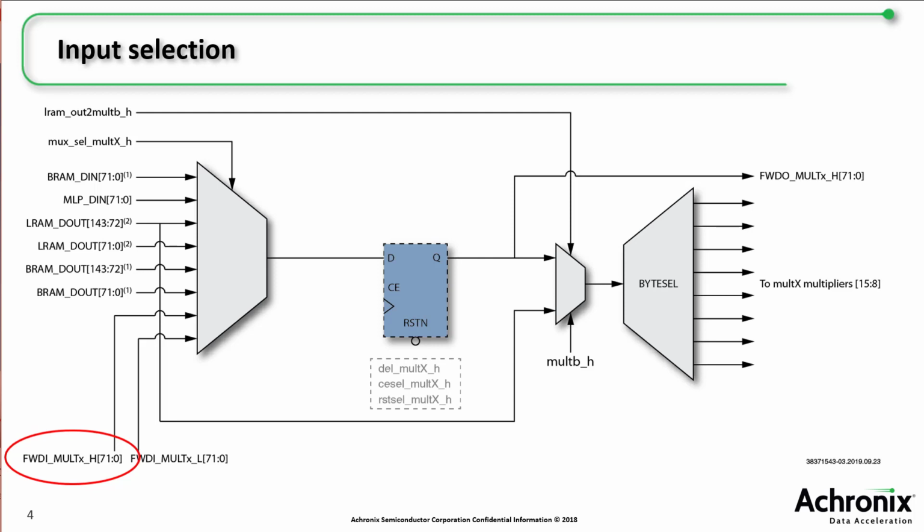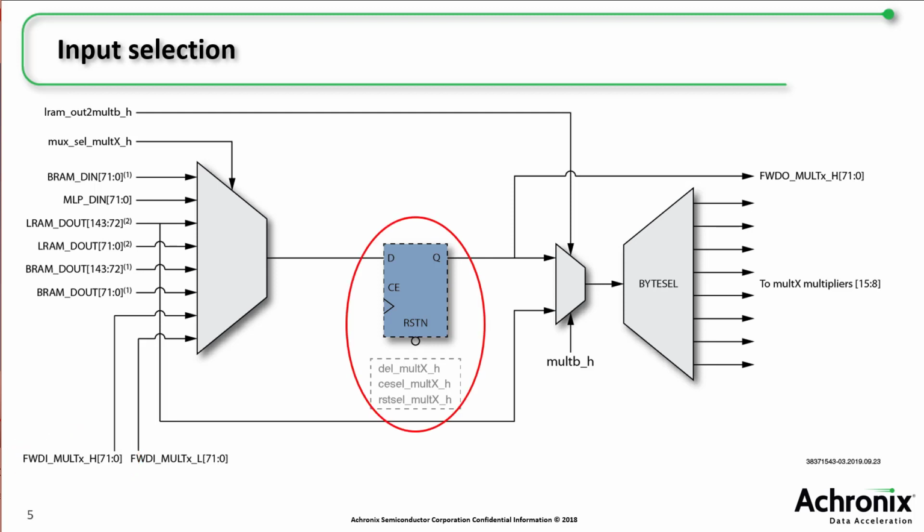All these sources can be used independently or combined to derive the input buses to the multipliers. To drive 16 8-bit multipliers, you need 256 bits, which is why a combination of different sources is used to select the input data.